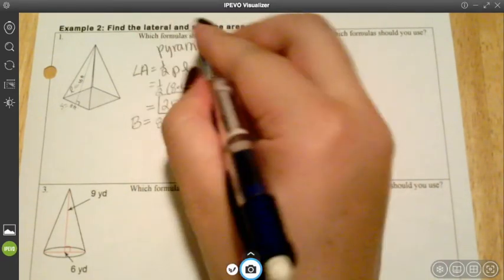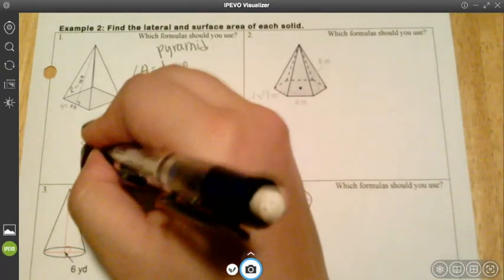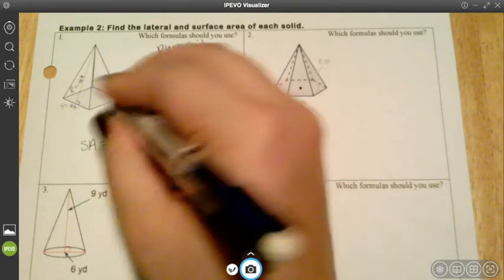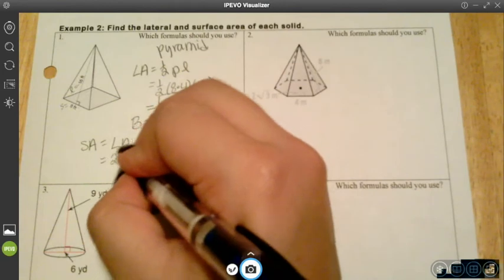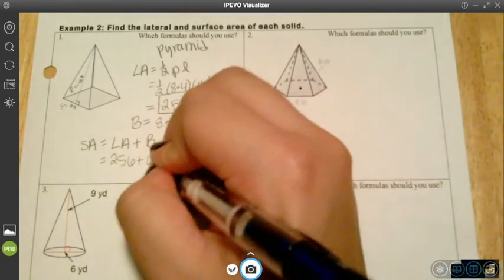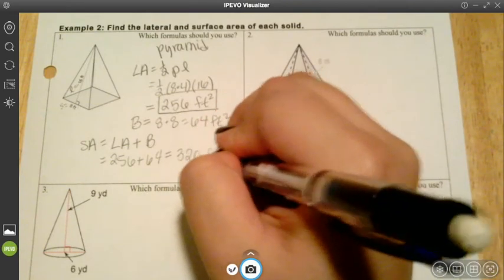It asks for the lateral and the surface area, so I don't have to box the base. And finally, the surface area, which is lateral area plus how many bases? We have 1 for this problem. And so that is 256 plus 64, giving us a grand total of 320 square feet.